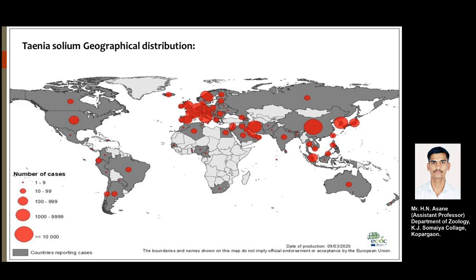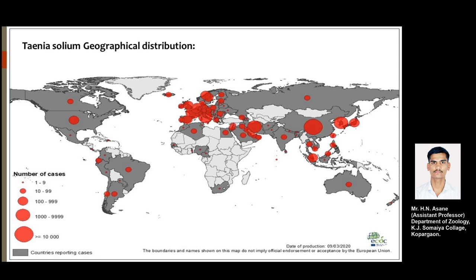As you can see in this graph, given by the European Union, the eastern part of Asia is most affected, and somewhat the African countries, one or two places in India, and most of China and Mongolia.